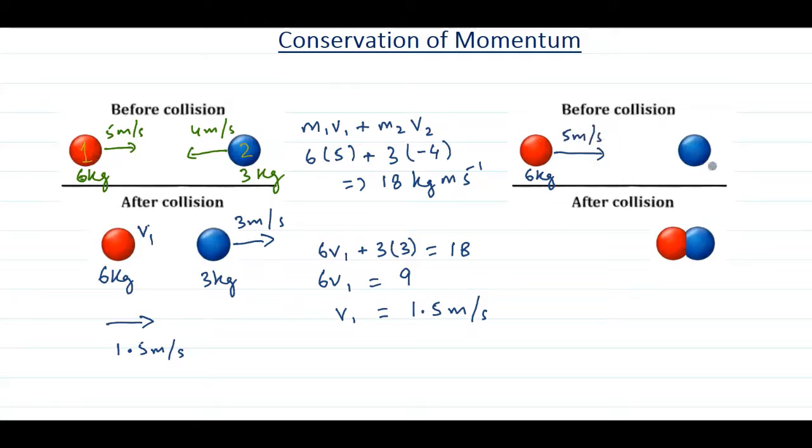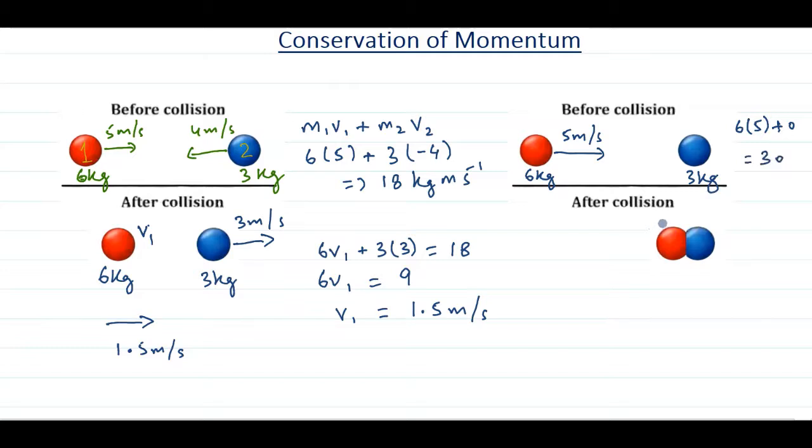But now let's assume the second object is at rest, so it's not moving at all. How would you calculate the total momentum for this first system? That's going to be 6 multiplied with 5 plus 3 multiplied with 0, because its speed is 0, which gives you 0. So the total momentum is going to be 30 in this case.